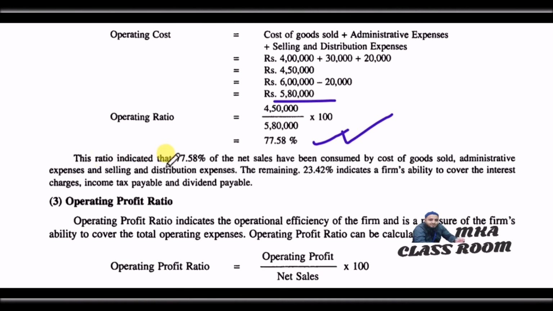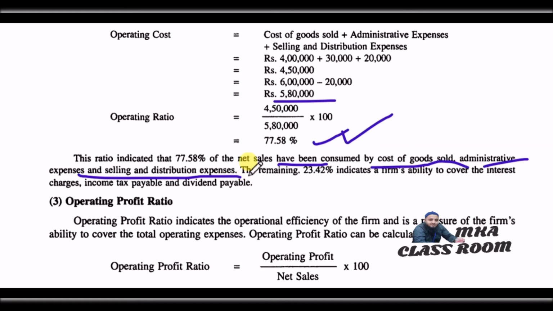This ratio indicates that 77.58% of net sales have been consumed by cost of goods sold, administrative expenses and selling expenses. The remaining 22.42% indicates a firm's ability to cover the interest charges, income tax payable and dividend payable. So this ratio indicates the firm's ability to cover its operating expenses.